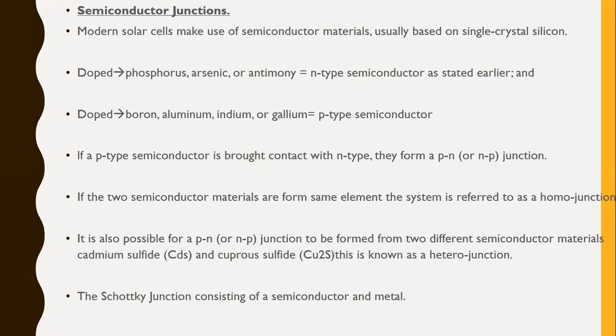Or we can form PN or NP junctions with two different semiconductor materials. Suppose you use cadmium sulfide, CdS, and cuprous sulfide, Cu2S. This junction is called a heterojunction.